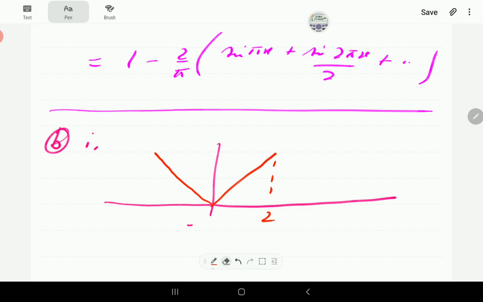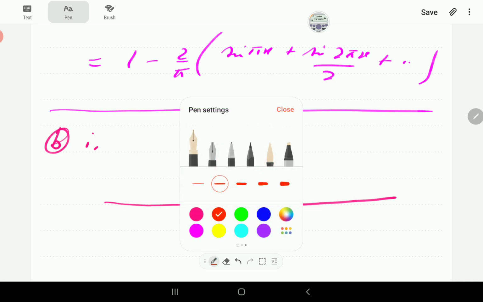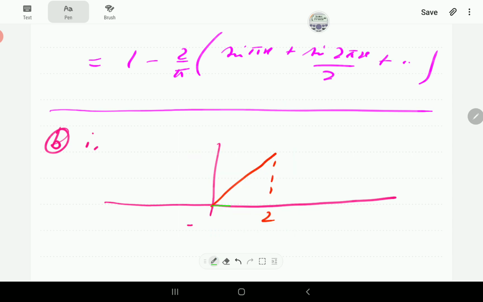Actually maybe I should do this in a different color, so let me do it in green as before. So it's going to look something like this. That's -2. So that's the full range, which means the full range has got 4 units. From here to 6 we must have the same thing, and then the same thing this way, and you can see obviously that is an even extension.